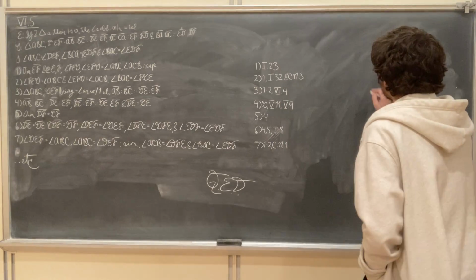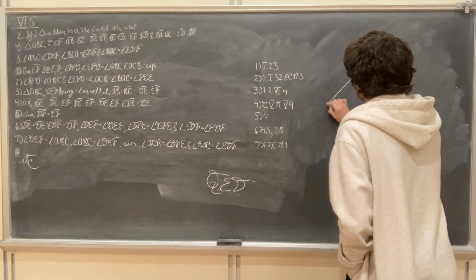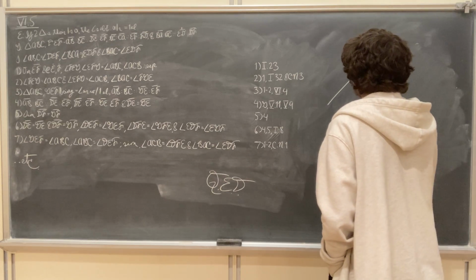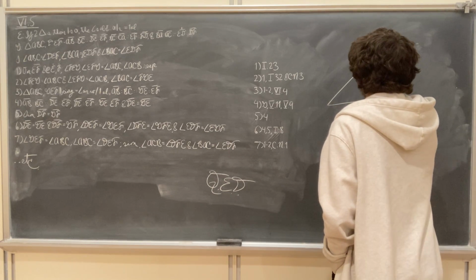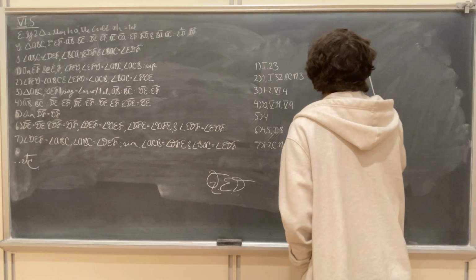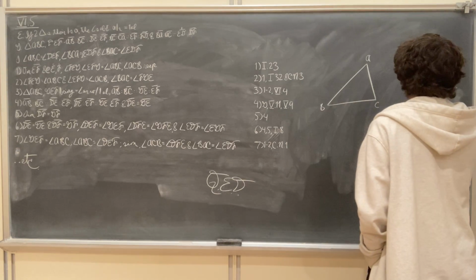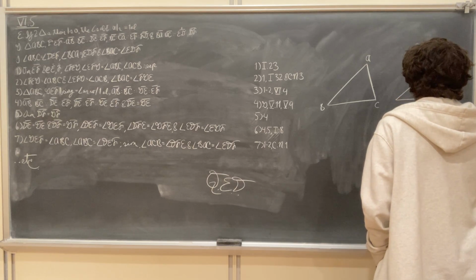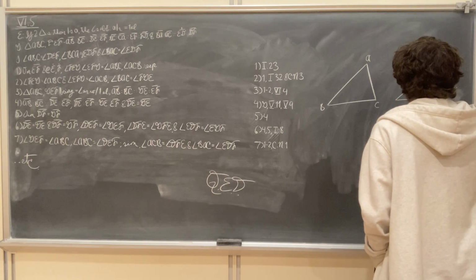What that's going to look like is we're going to have the two triangles A, B, C, look something like that, let's say. And we're also going to have D, E, F, like that.